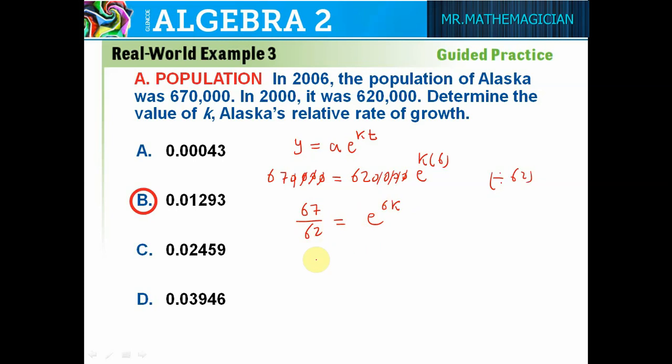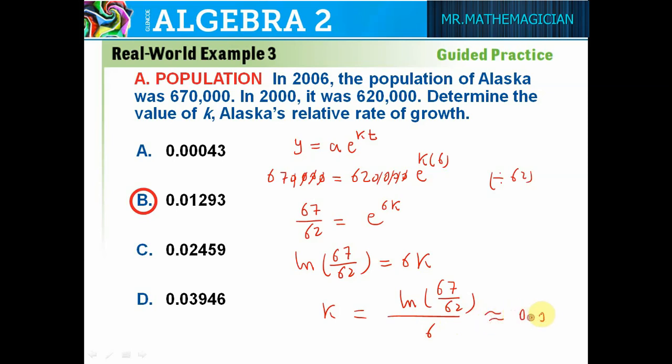Now we take ln for both sides, so ln 67 over 62 equals 6k. Divide by 6, k equals ln 67 over 62 all over 6, approximately 0.01293. So B is the accurate choice.